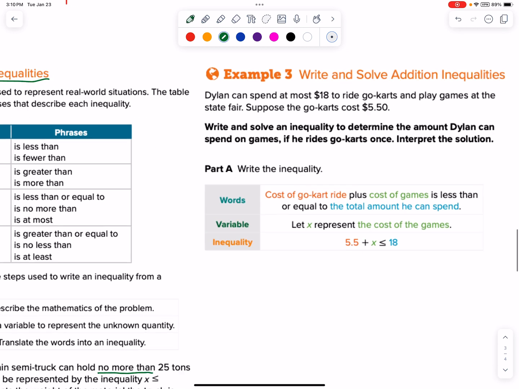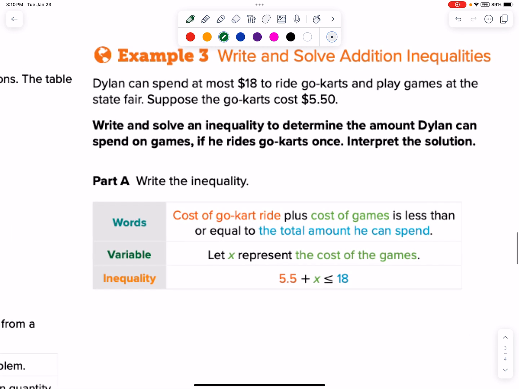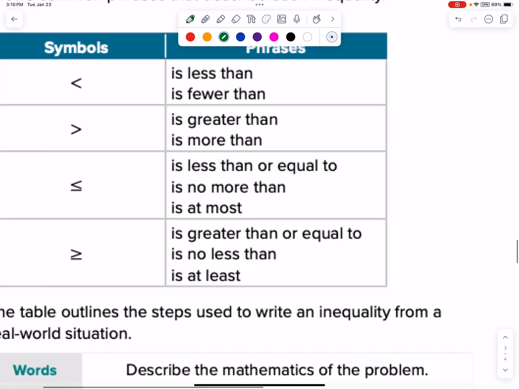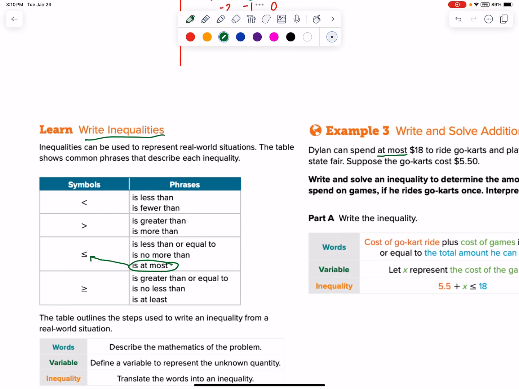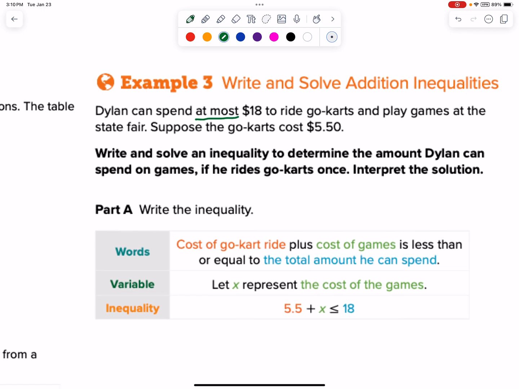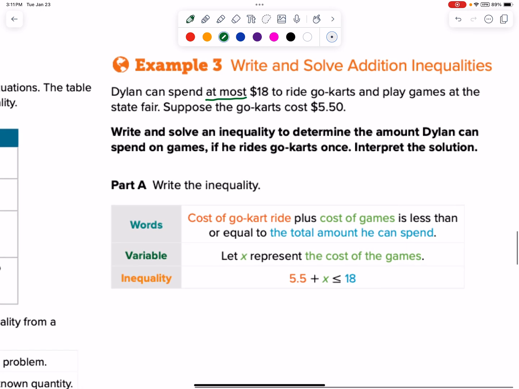So let's go ahead and take a look at example 3. It says Dylan can spend at most $18. Okay, so if we look here, we have at most, which means less than or equal to. He can't do more than that, but he can do that number, at most $18. So $18 is okay. And so it says, suppose the go-karts cost $5.50.